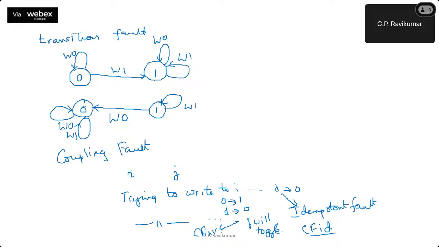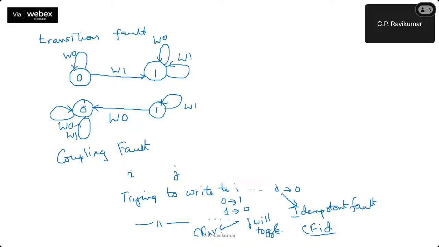In the same way, transition faults are not so difficult. Start by writing a zero, and then write a one, and then read back.